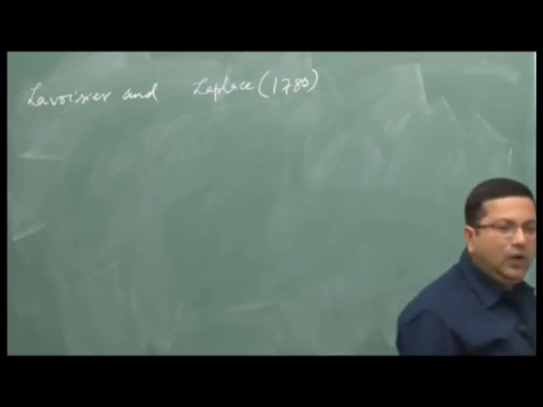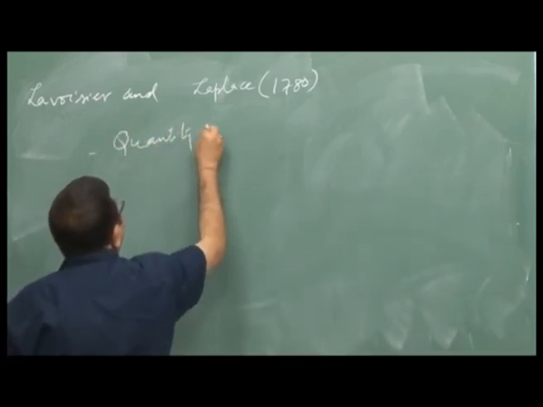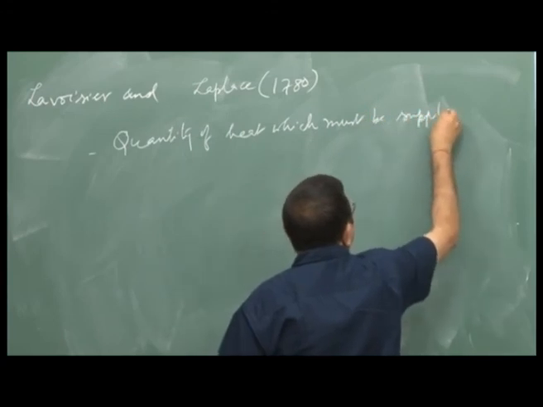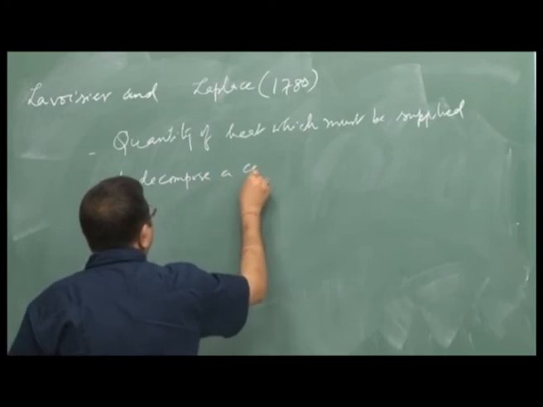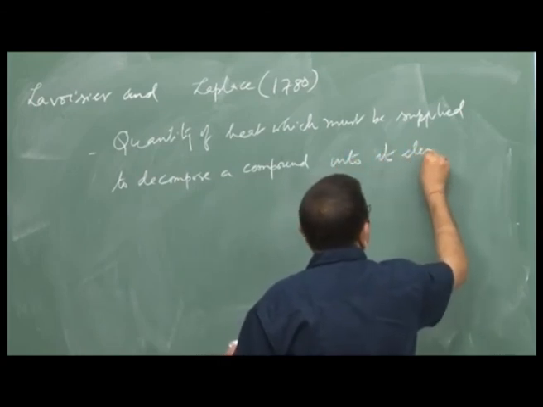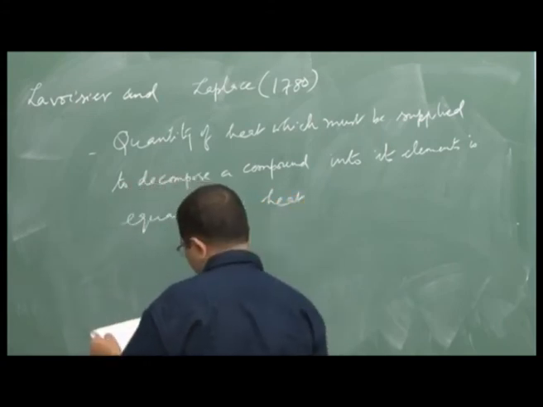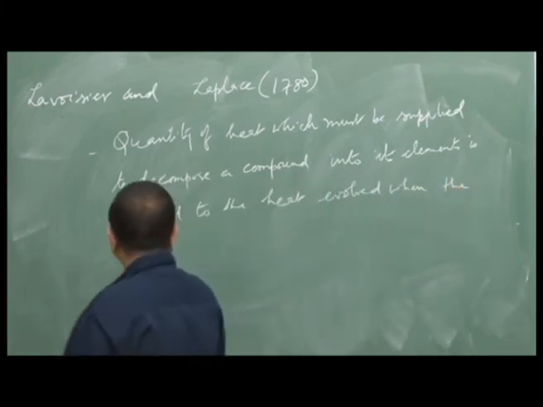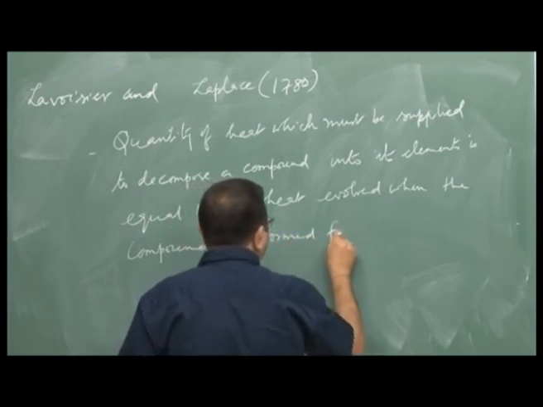This law states that the quantity of heat which must be supplied to decompose a compound into its elements is equal to the heat evolved when the compound is formed from its elements.